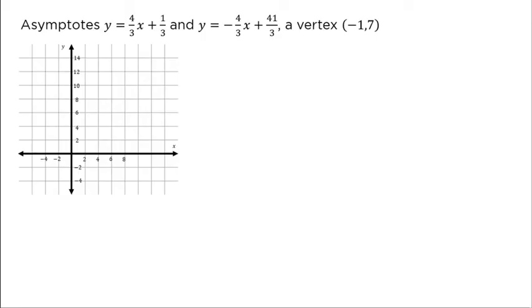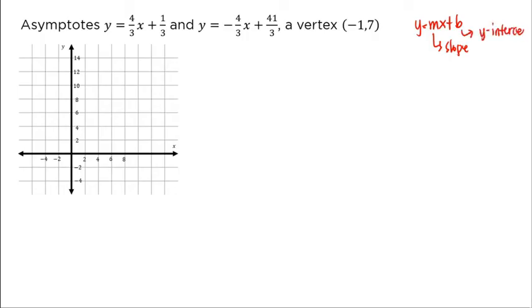From our given conditions, the asymptotes, take note that the form of the asymptotes is y equal to mx plus b, right? Where m here is the slope of the line, and b here is the y-intercept.